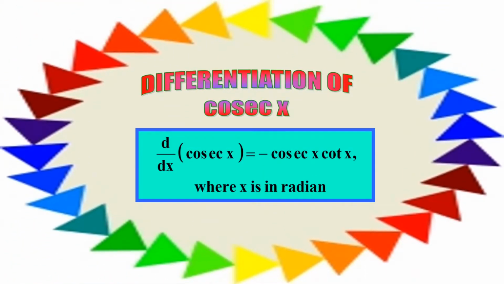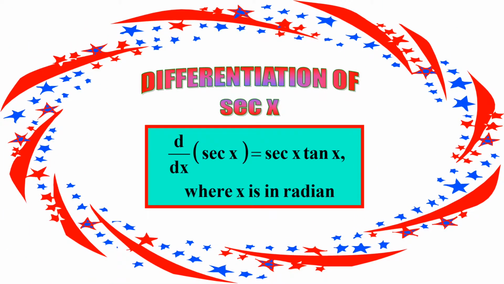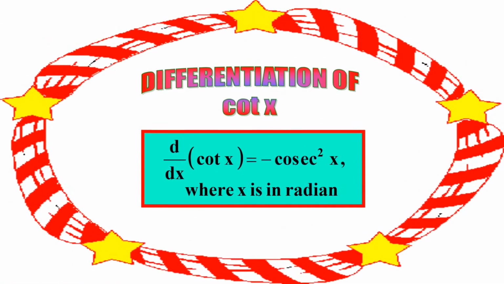When you differentiate cosecant x, you will get negative cosecant x cotangent x. When you differentiate secant x, you will get secant x tangent x. When you differentiate cotangent x, you will get negative cosecant squared x.